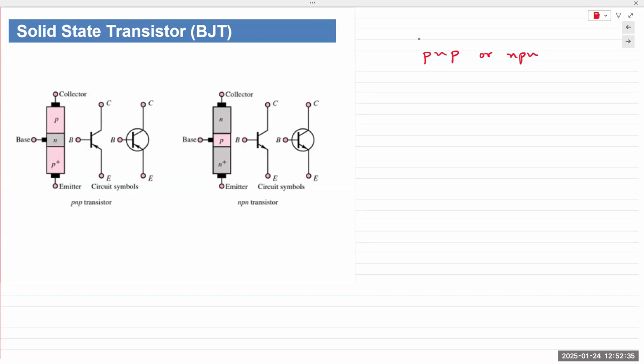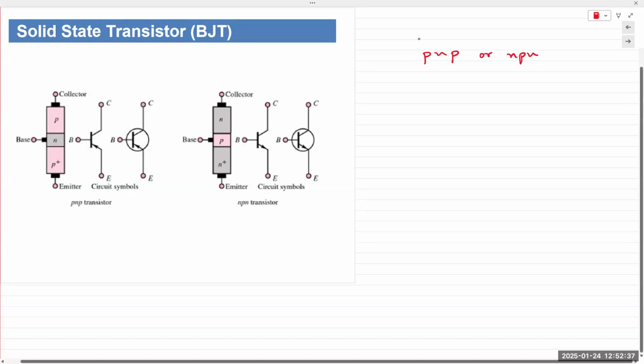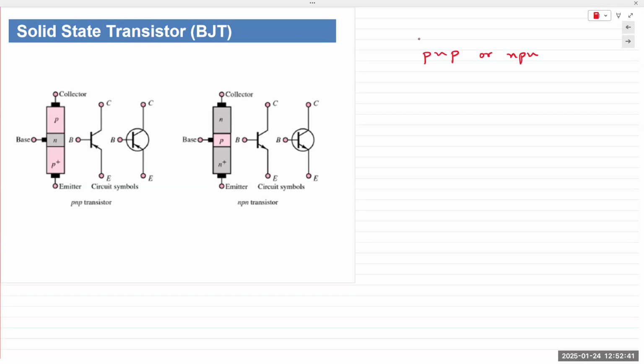For a similar size, similar design, similar cost, NPN are always preferred over PNP.